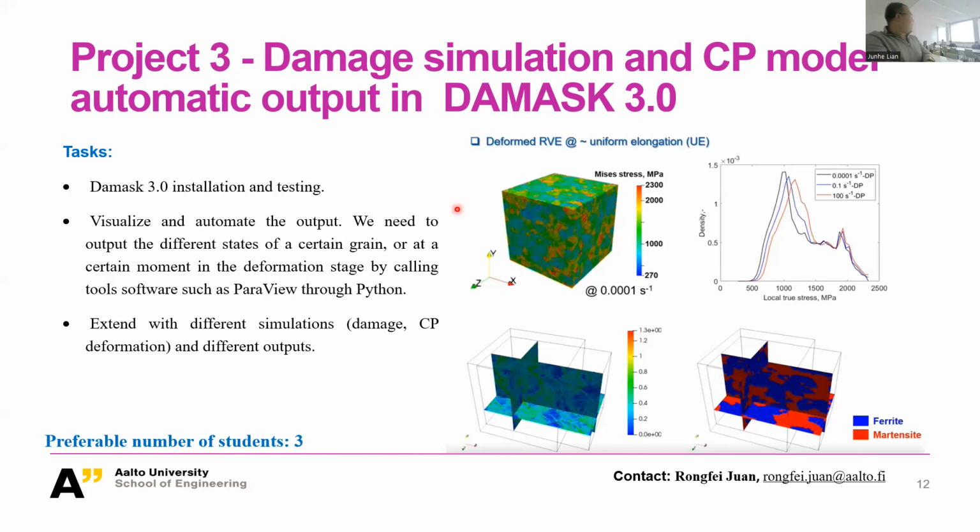That's a good point. Well, that's something you can really coordinate with Rongfei, if you want to do those two projects, how you're gonna work together. Because you have to choose one version of Damask. You don't have to choose Damask 3.0 in the second group, this could be completely independent as well.